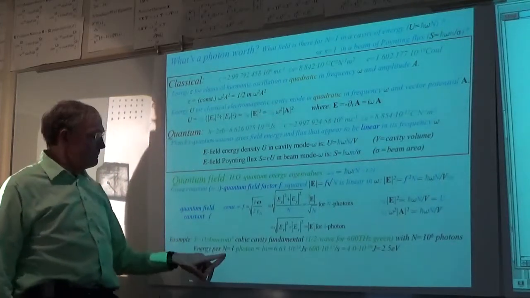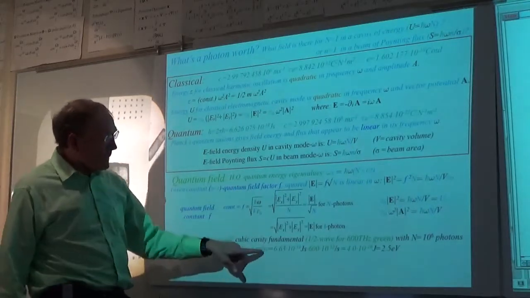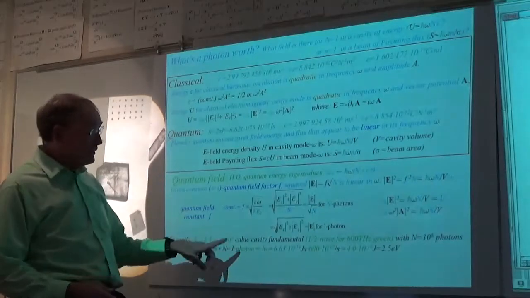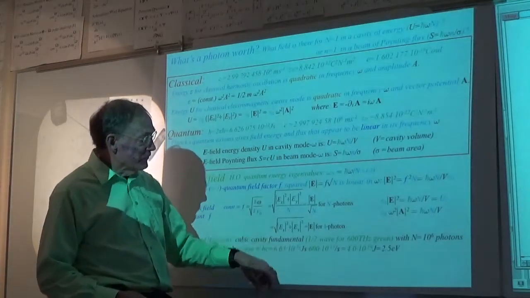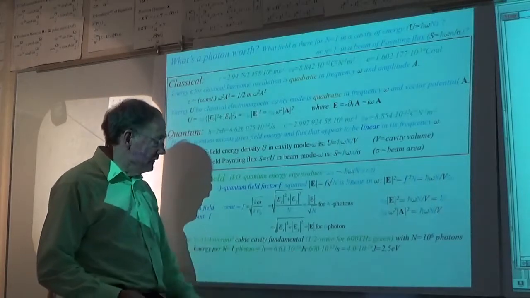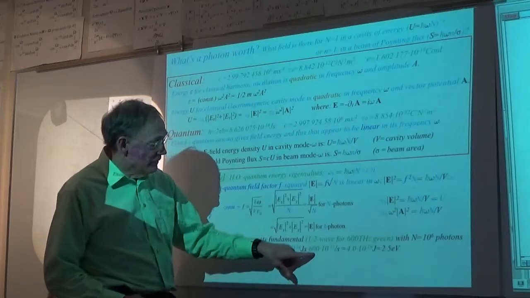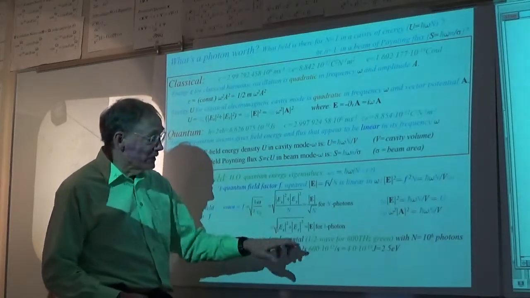So the energy per photon that we start with, because this is n plus 1 in the quantum language, is 6.63 times 10 to the minus 34 joule seconds. And remember, this is the big H, times 600 terahertz, which is in hertz, not radians per second.